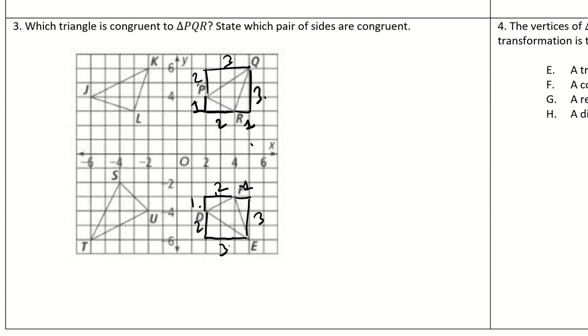All right. So notice that the PQ side matches up with the, what is that side called? That's FD. The PQ side matches with the DF side, right? So PQ matches with DE. All right. So we're gonna say PQ is congruent to DE.